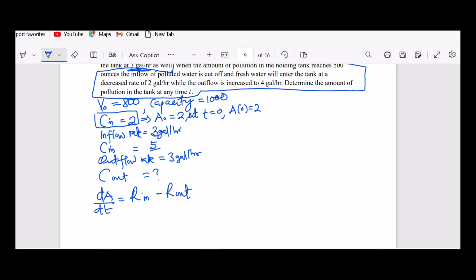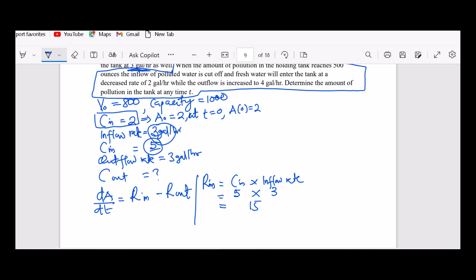But we know that rate in is equal to the concentration in times the inflow rate. Now the concentration in was 5, so 5 times the inflow, which is 3, and this you get 15.